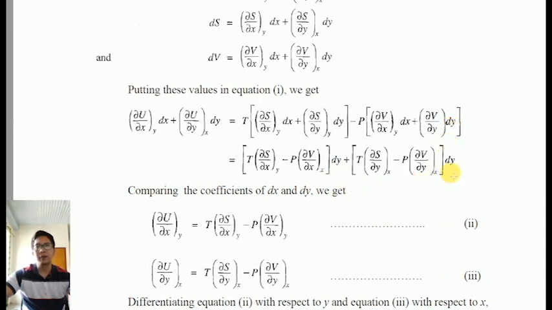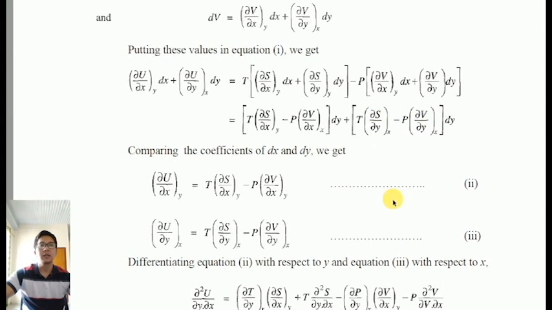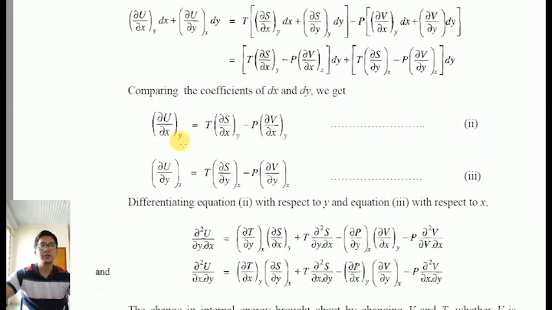Okay, this is dx and this is dy; that was a mistake. So we compare the left hand side and right hand side, the coefficient of dx and dy. That means this portion equals this one and this portion equals this one. So we get equation 2 and equation 3.